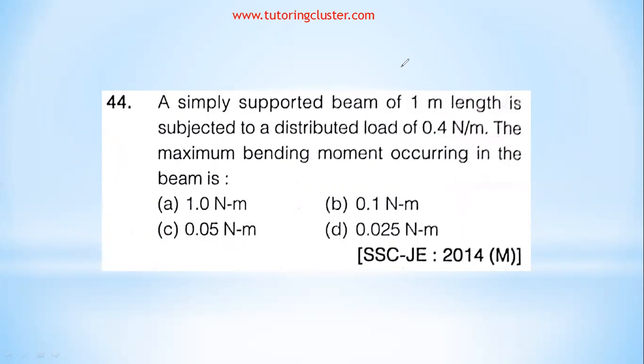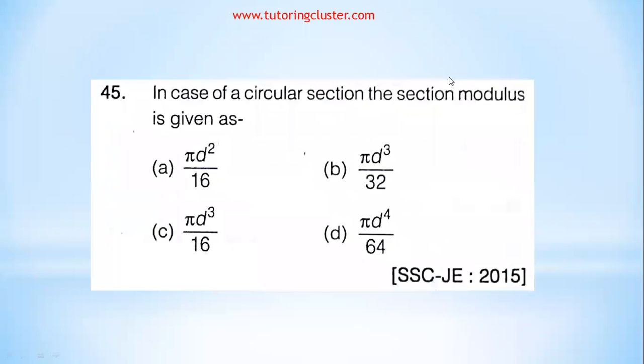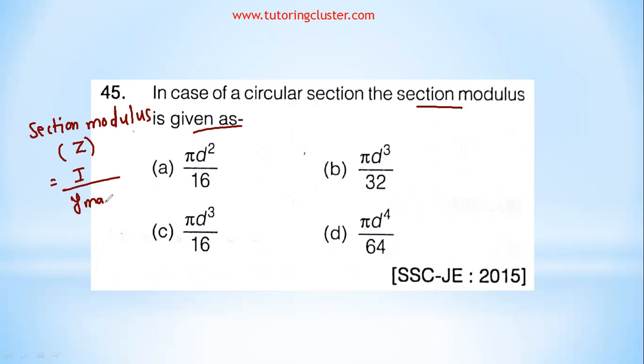Question number 45. In case of circular section, the section modulus is given as. What is section modulus first? Section modulus is denoted by Z, which is equal to I upon Y max.